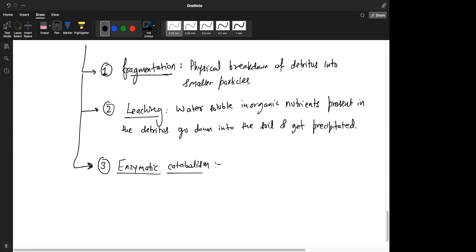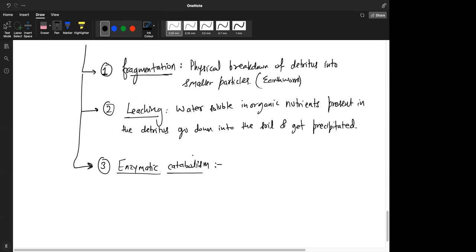And as you know, enzymes are produced in living systems only. So this is done by whom? Bacteria and fungi. The first, fragmentation, was being done by earthworm. Earthworm was breaking it down, eating and breaking it down physically.